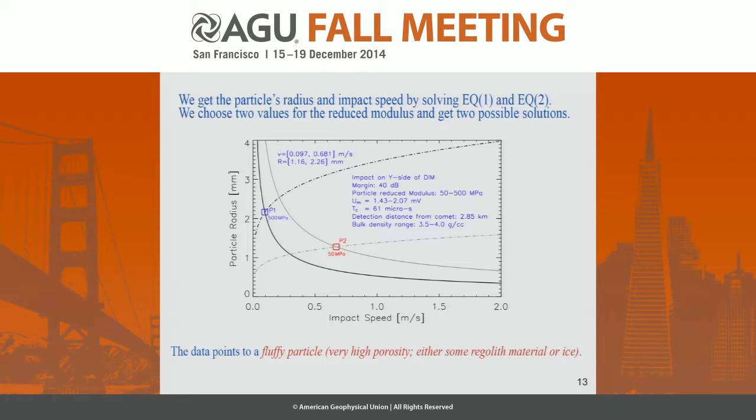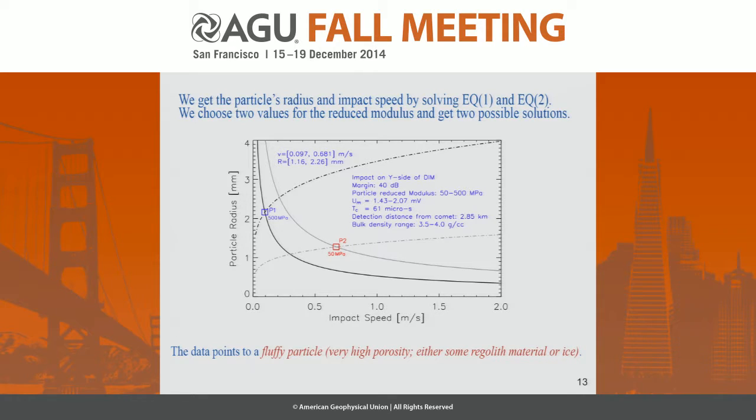Given these values, the amplitude and the contact time, and the equations I presented in the second slide, we can derive the impact speed and the radius of the particle. The tricky part here is defining what Young modulus we have.